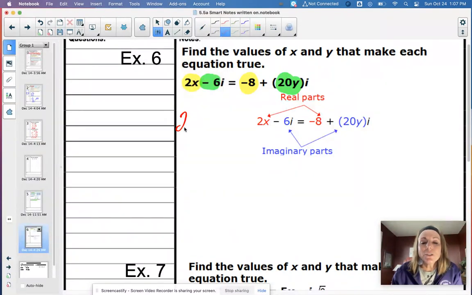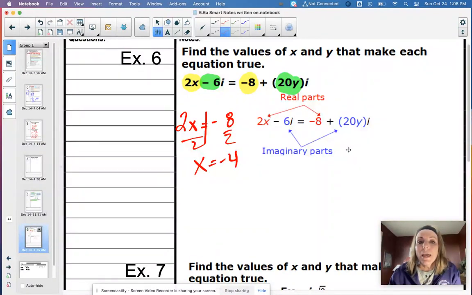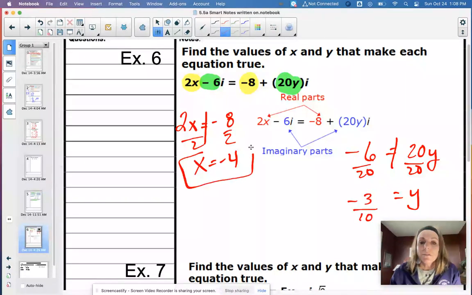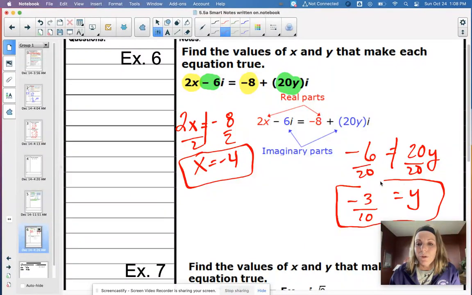So I can set 2x equal to -8. x is -4, and I can set -6 equal to 20y. Let's see, 2 goes in there 3 times, 2 goes in there 10 times. They want us to define x, and we did, and they wanted us to find y, and we did.